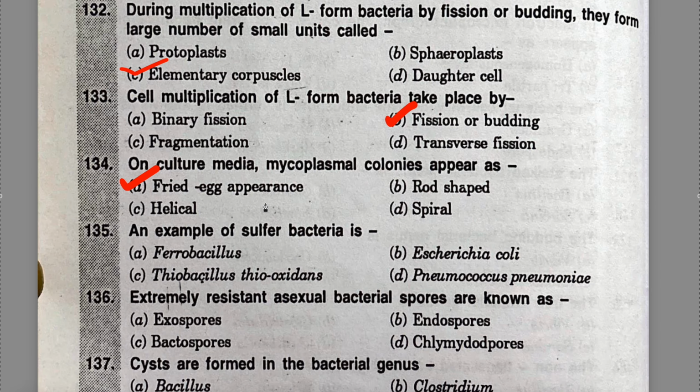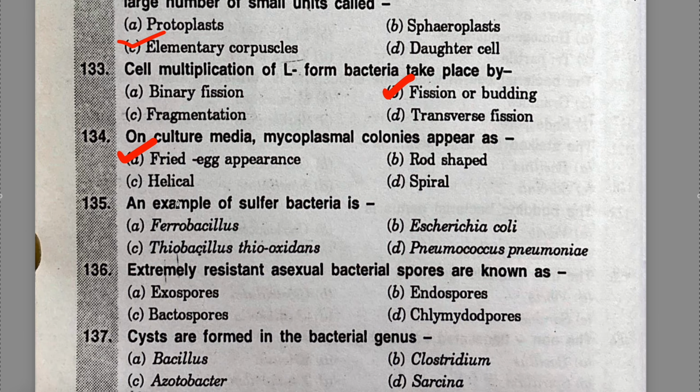Now see, about this question, in most of the cases we study that spiroplasma can be cultured artificially and the culture looks like fried egg appearance. But according to the question and the options given, this is the most appropriate one that we can choose, because spiroplasma is one of the types of mycoplasma like organism, right?